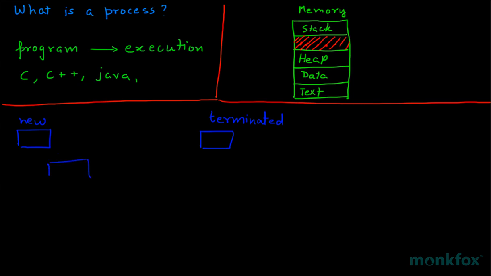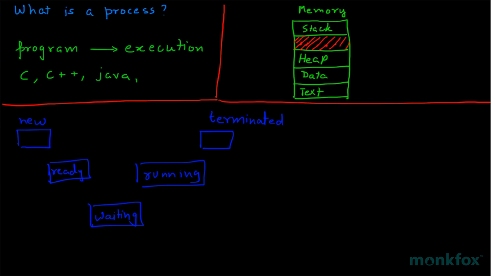One is ready, the other one is running, and a third one is waiting. So overall, a process has 5 different states.